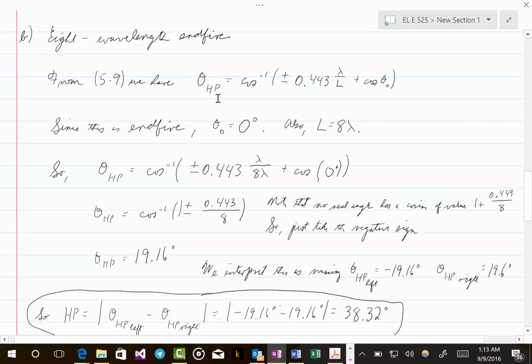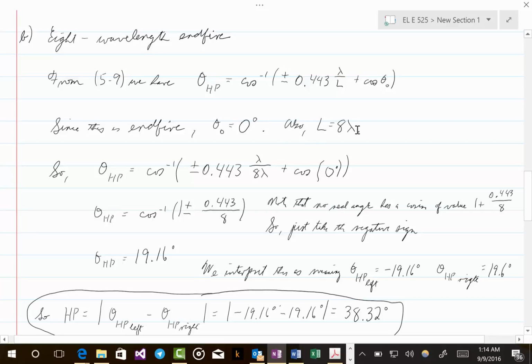And as before, our formula for the half power beam width is given by theta sub HP equals inverse cosine of plus or minus 0.443 lambda over L plus cosine of theta naught. However, in this case, since we're looking in the end-fire direction, theta naught is 0 degrees rather than 90 degrees.